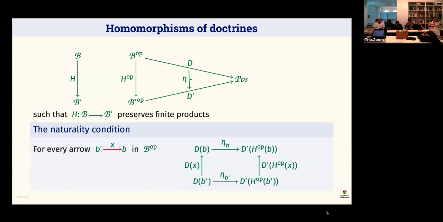I've turned the comma category down here, but in fact, it's slightly more complicated. And so the data to move from one doctrine to another require a way of going from the base category B to the base category B prime with a functor that preserves finite products.